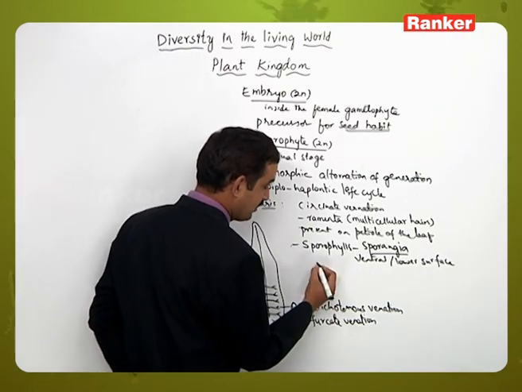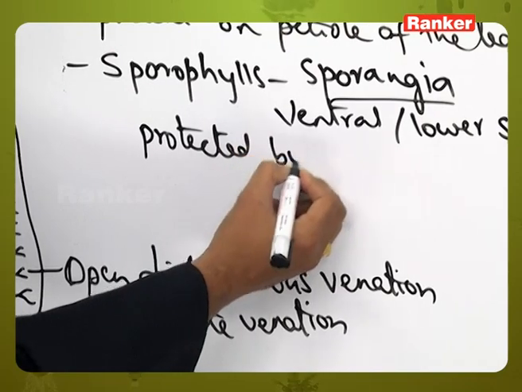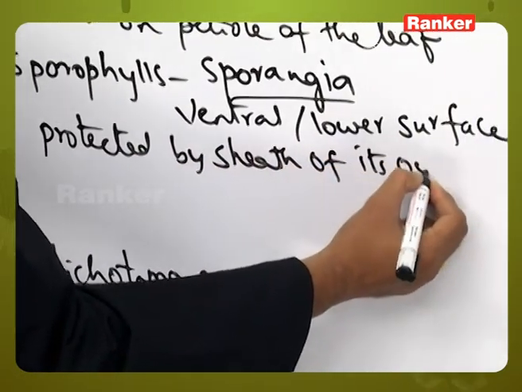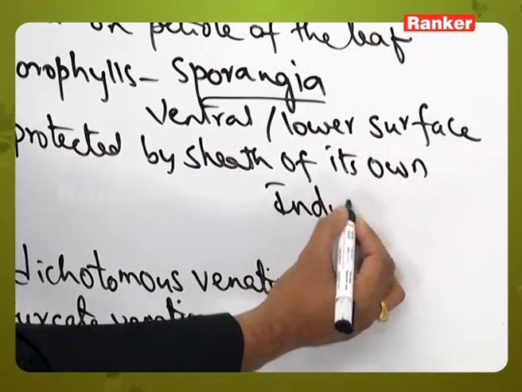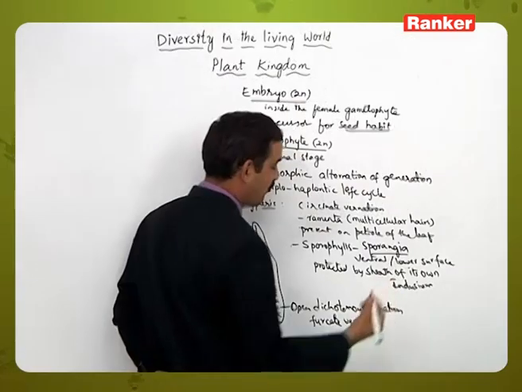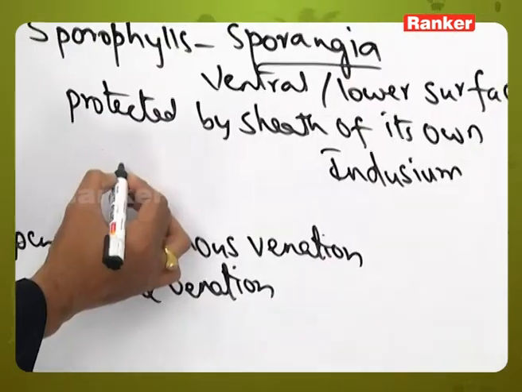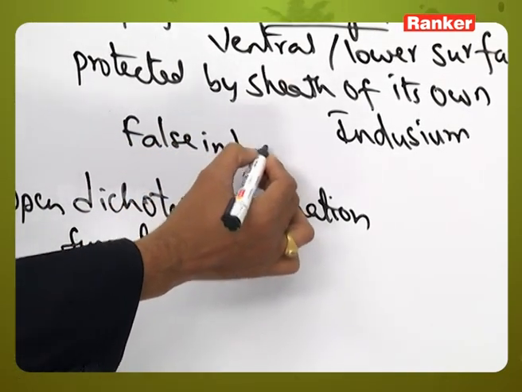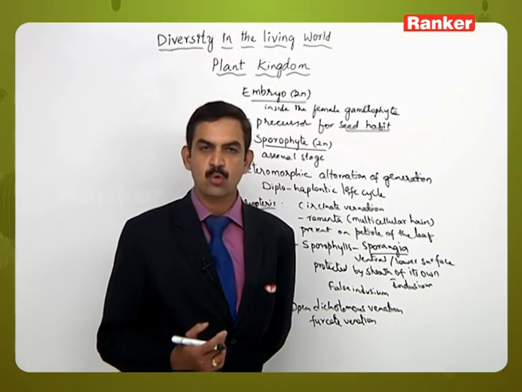So here the sporangia are protected by a sheath of its own. This type of protective sheath is called an indusium. Whereas in some of the plants, the false indusium is also seen. This is a protective structure which appears to be like an indusium, but it is not a true indusium.